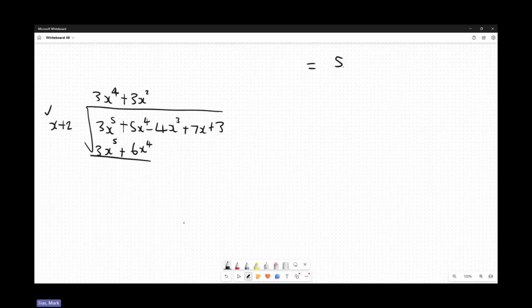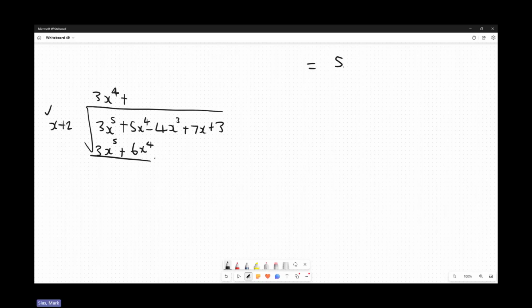So 3x to the 4 times x is 3x to the 5. 2 times that is 6x squared. Just make sure, guys, you agree with me there. Oh, did I multiply the wrong one there now?